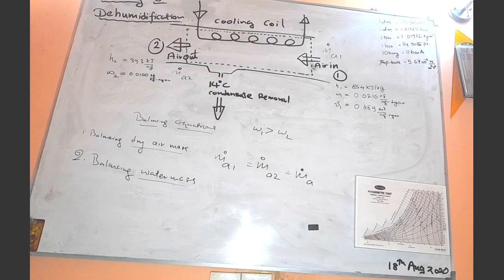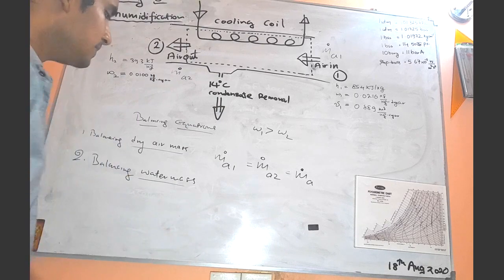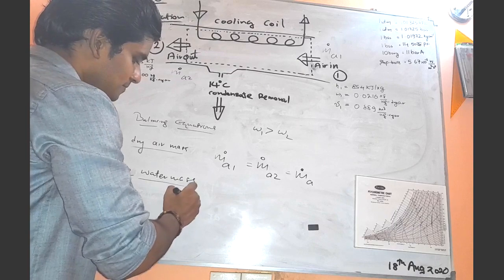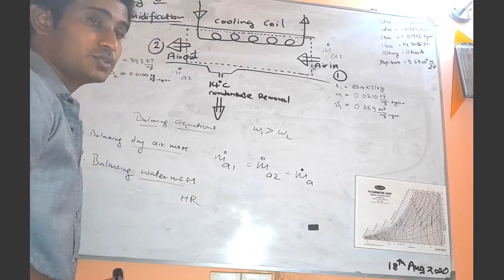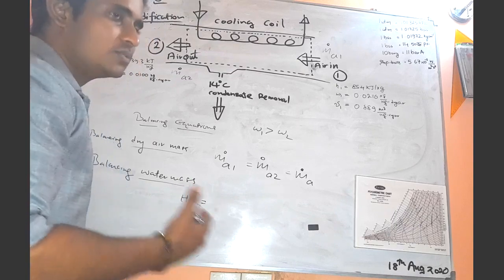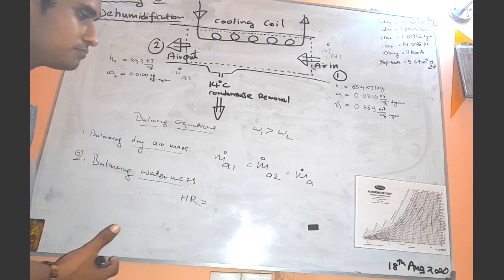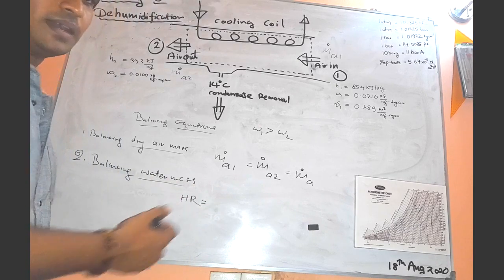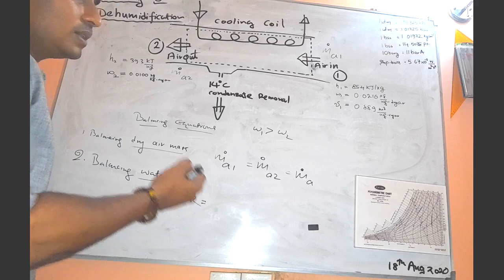The next thing, let's focus on balancing of water mass. We have something called humidity ratio, HR, which is the amount of water vapor present in 1 kilogram of dry air.